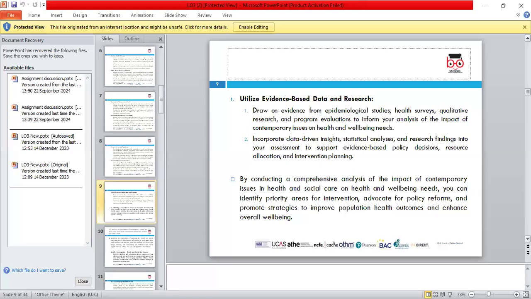So whatever you have gathered from your research through questionnaires, surveys, and feedback, you have to channel into assessment, where you can use it to affect policy decisions in organizations or in the country, resource allocation, or intervention planning that will help the problem you have identified.